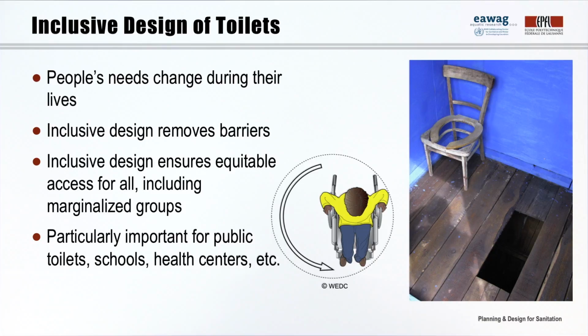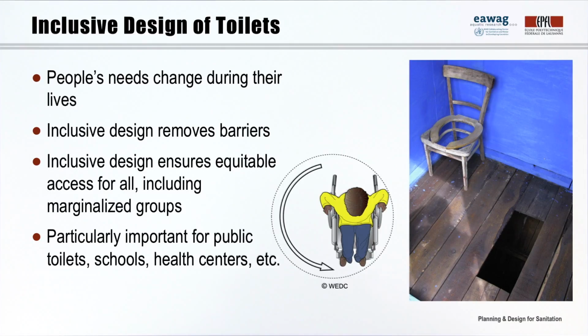The concept of inclusive design takes this into consideration. Inclusive design aims to remove barriers that exclude people from being able to use facilities as a result of their evolving needs. It ensures equitable access for all, including marginalized user groups, which may in some cases also face some barriers and exclusion from sanitation and hygiene facilities.